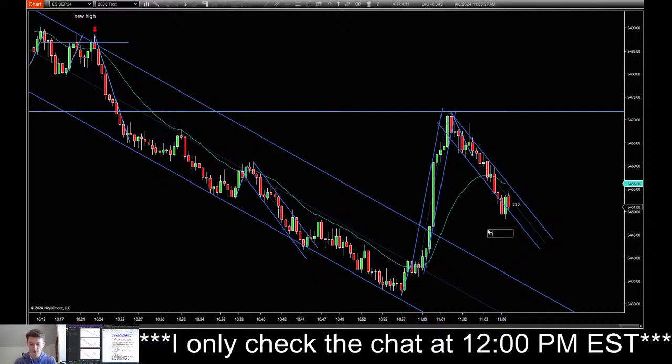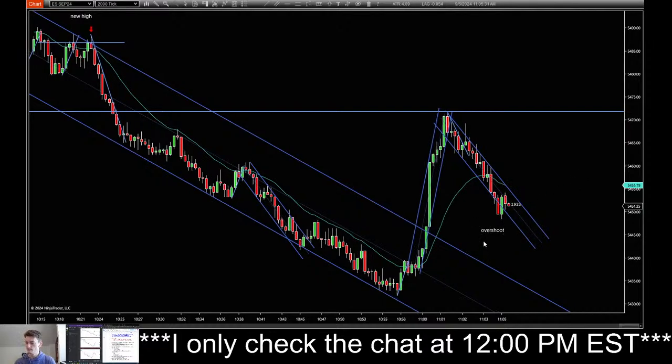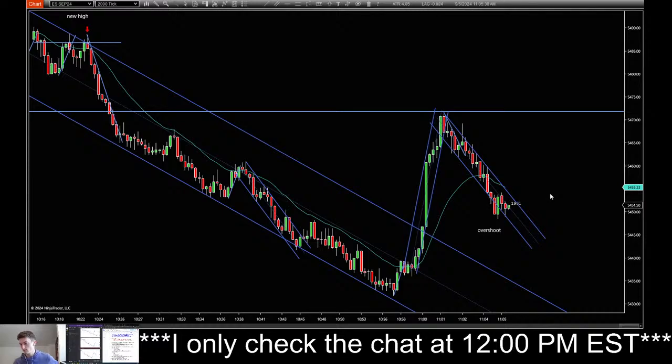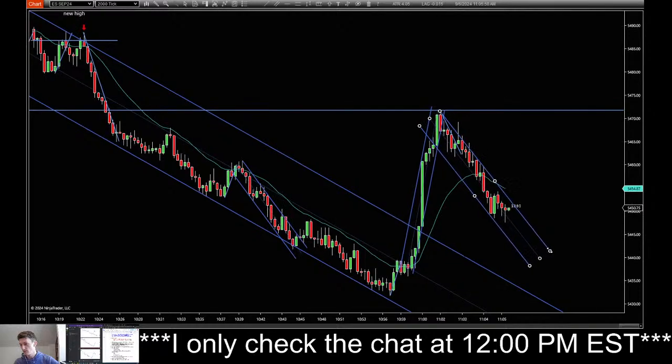With that being a possible overshoot, I'm going to have to skip the next second entry short. Even if we get a second entry short here, I can't take that because there's a possible overshoot of the downtrend. But if prices do continue to work lower, and it looks like they are, then I'll go ahead and expand this out and delete that. Not look at that as an overshoot. Let's tighten this. Maybe not.